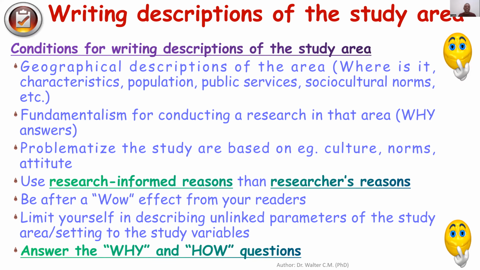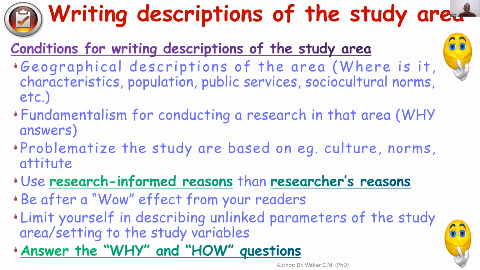So these are at least the basic conditions that you and I, as researchers, need to consider when framing our paragraphs in our research proposal when we reach the section of research methods and materials.